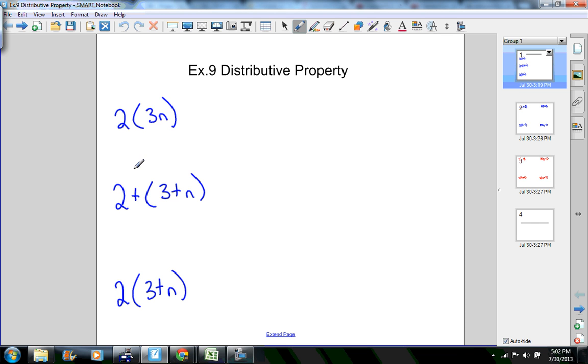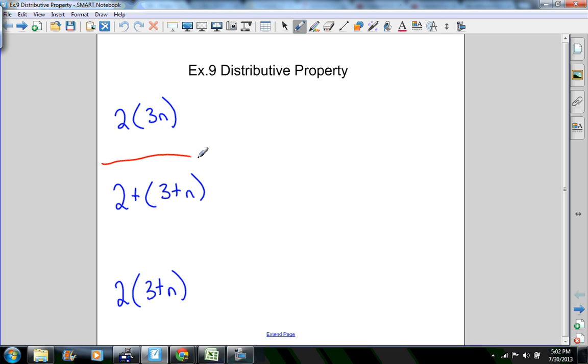Okay, so the first thing we should notice, if these are split up like this, is that the second two both have two pieces in the middle. For this top one, this is just one piece in the middle, and since there's always a multiplication sign, if there's no symbol already there, it's just a multiplication sign, and we would just do 2 times 3 to give us 6n.